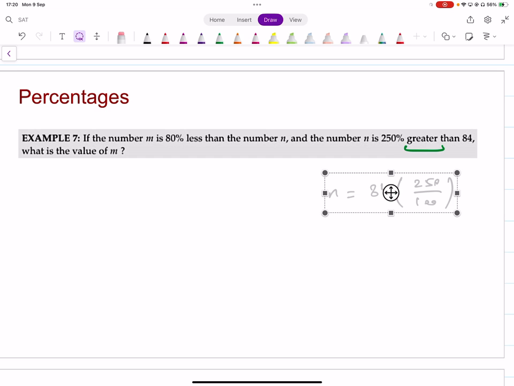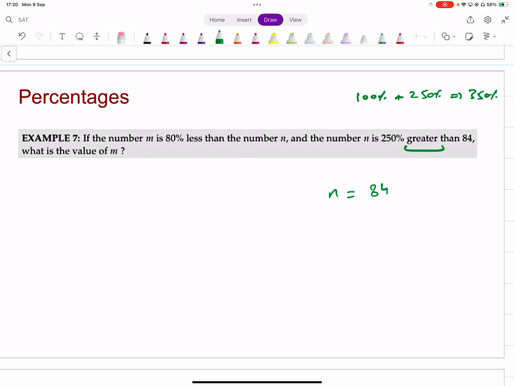So you have 100% originally, add 250% to that. The final result is 350% of the original. So this would be 84 into 350 over 100, which is 3.5. You would multiply it by 3.5 here.